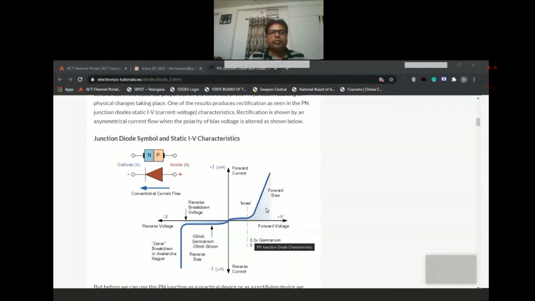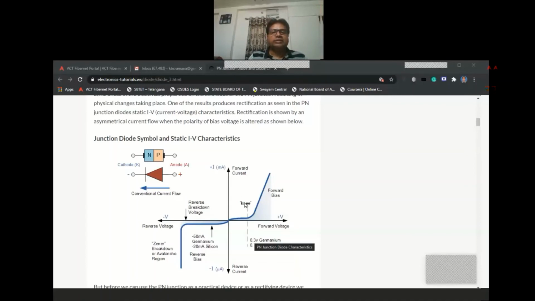You cannot impose any control in this case, unlike the SCR, where you can control the turn on times and make the SCR turn on at different breakover voltages by injecting gate currents. That is not possible in a diode, because it is just a two terminal device. There is no provision for any gate. That is why a diode is not a controllable device.